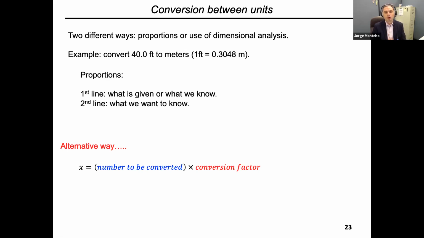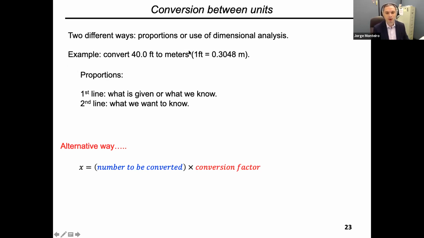Okay, so to convert between units, you have two different ways. The one I like is by using proportion, or you can also use dimensional analysis and conversion factors. So let's get here as an example. I need to convert 40 feet to meters.